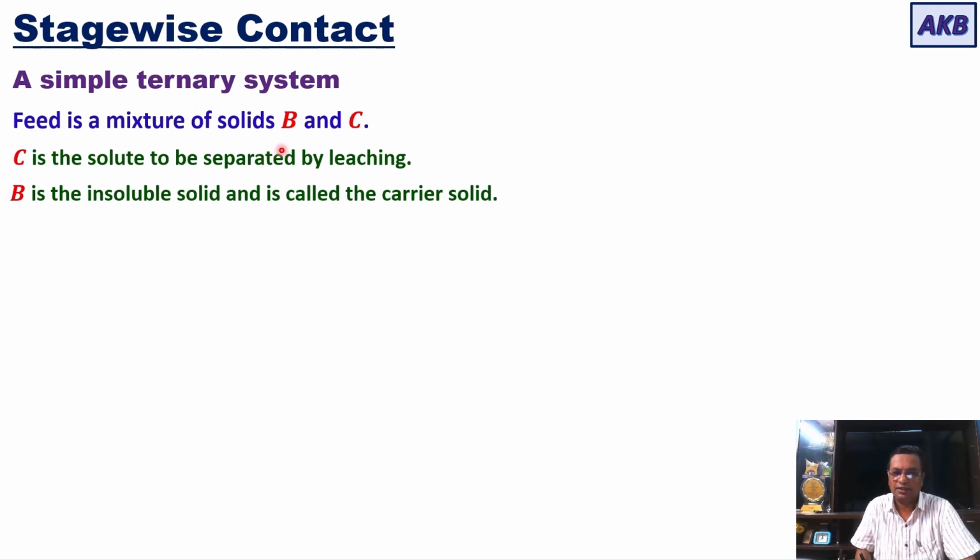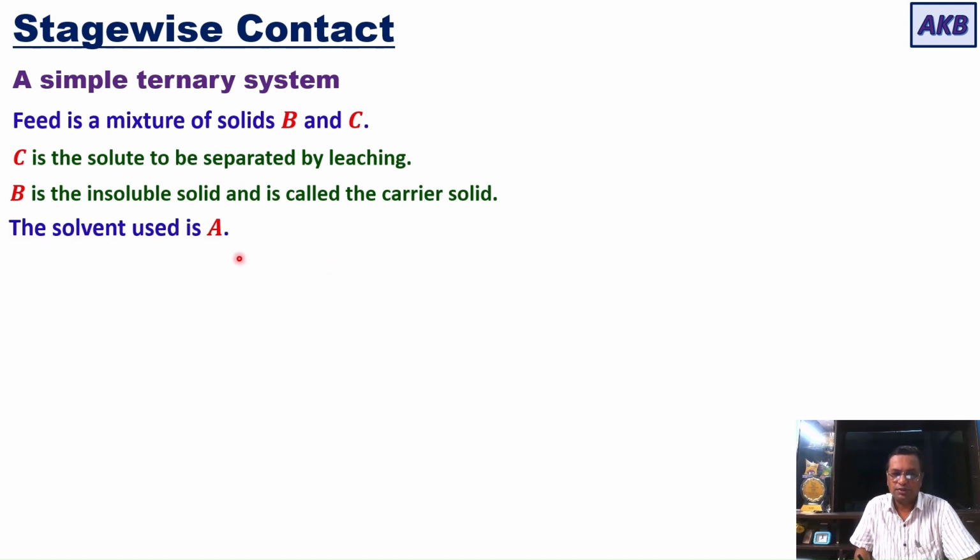So feed contains two solids, solid B and solid C. Solid C is to be separated by leaching, therefore it is the solute, and the other solid, B, is the insoluble solid, called the carrier solid.